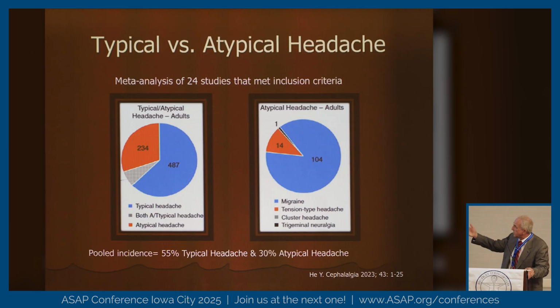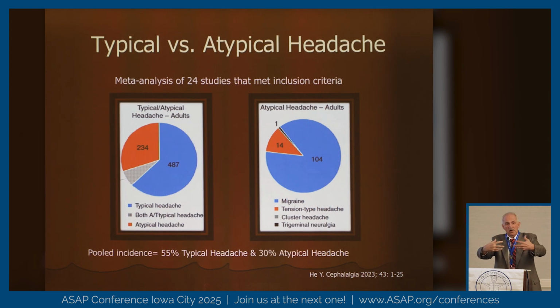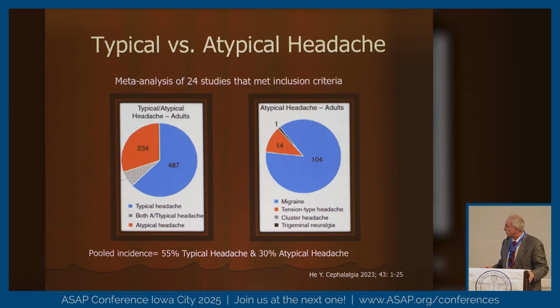You can see the graphs there. And on the right, you can see that most of the atypical headaches are migraines. So there's this overlap between Chiari and migraine, and we'll talk about some of the mechanisms that might explain that.